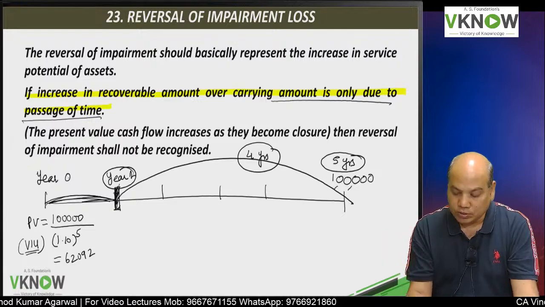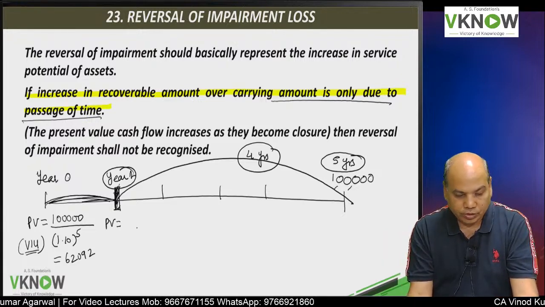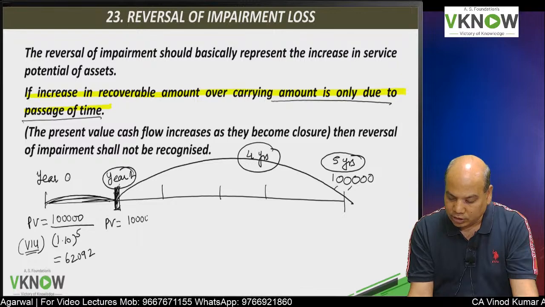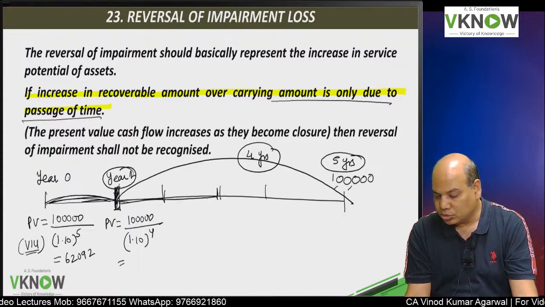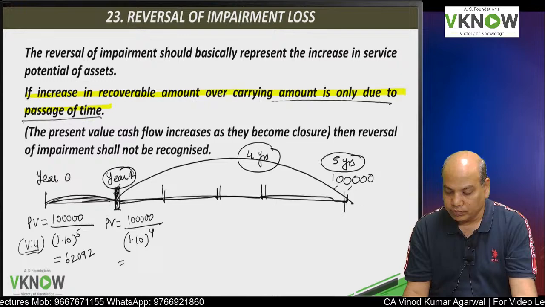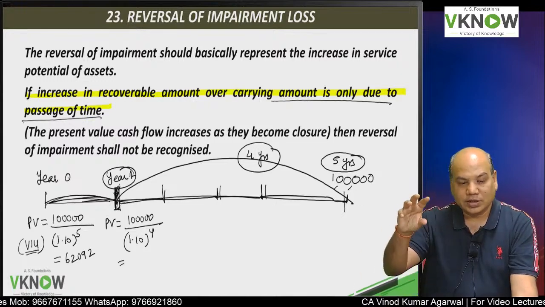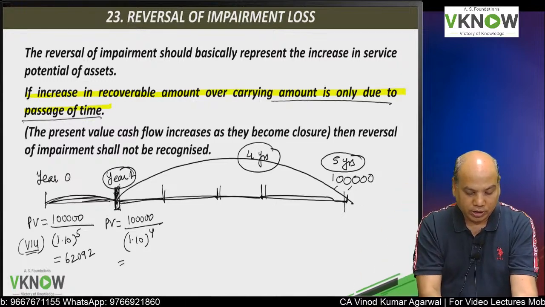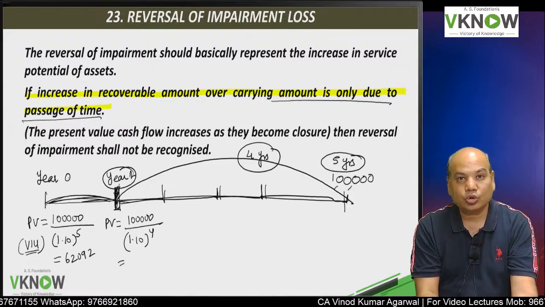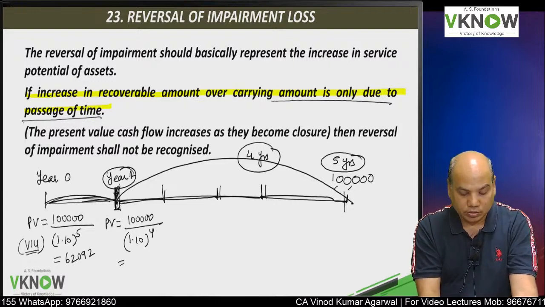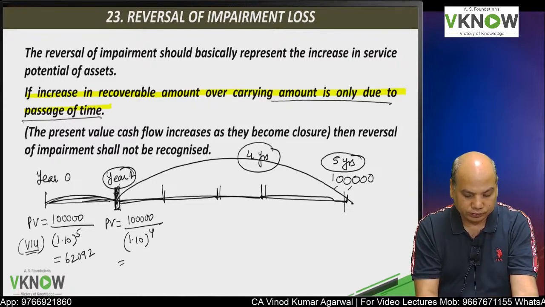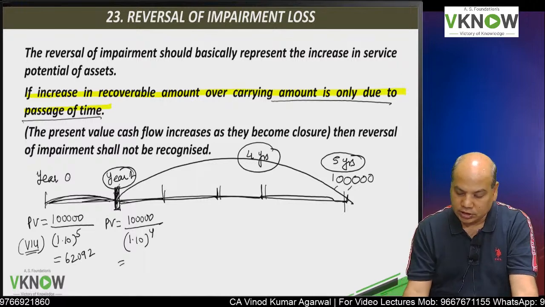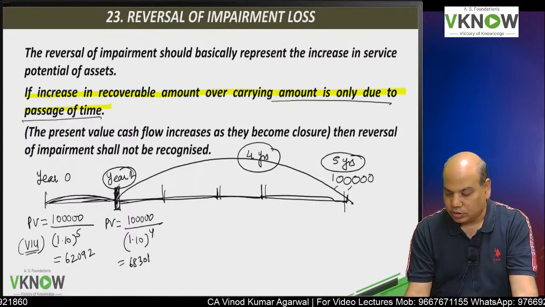Again, if I compute the present value, now the present value will be 1 lakh divided by 1.10 to the power 4, because the gap is only 1, 2, 3, 4. The value of the asset is still 1 lakh, but we are 1 year closer to 5th year, so 1 lakh divided by 1.10, 4 times equal to, that is now 68301.